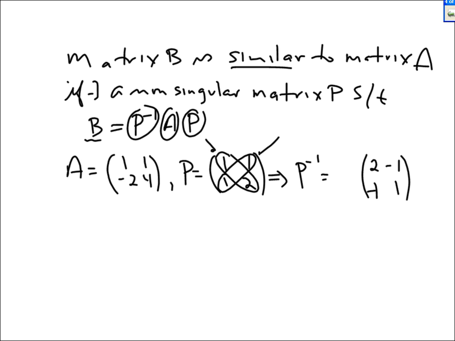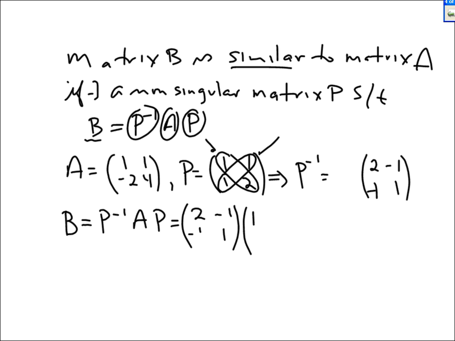It won't do anything. Okay, so now matrix B, if I define B to be P inverse AP, which is 2, negative 1, negative 1, 1, and I multiply by A, which is this, and I multiply by P, which is 1, 1, 1, 2. Whatever I get, and I work this out, I get 2, 0, 0, 3.